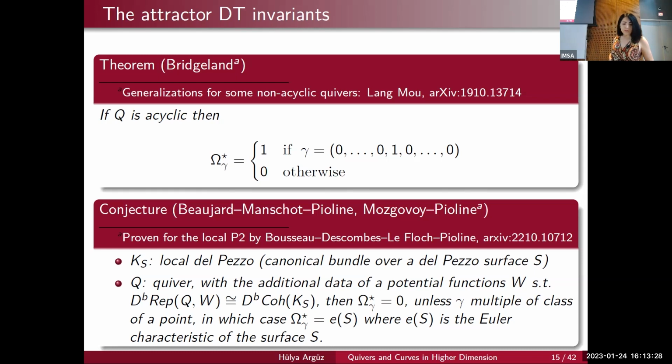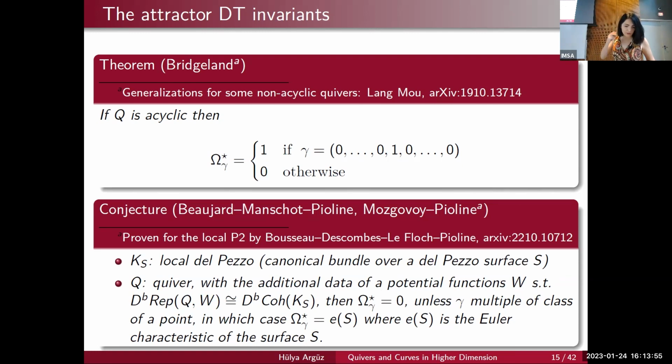And they consider the situation where you have a local del Pezzo, K_S, by which we mean the canonical bundle over the del Pezzo surface. If you look at a quiver with the additional data of a potential function, then there's a procedure to consider.